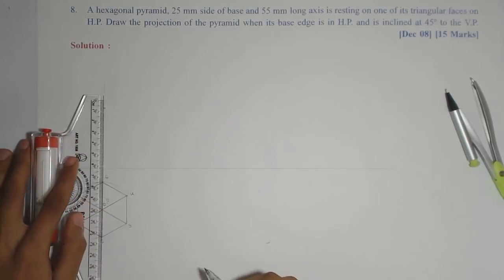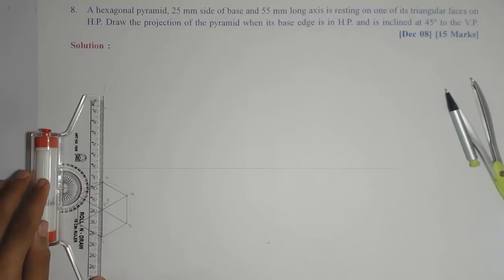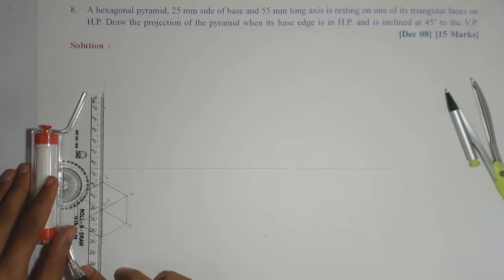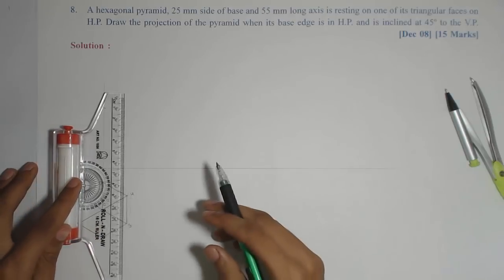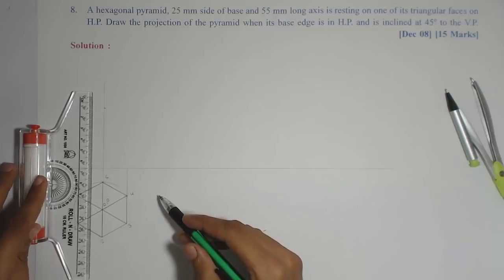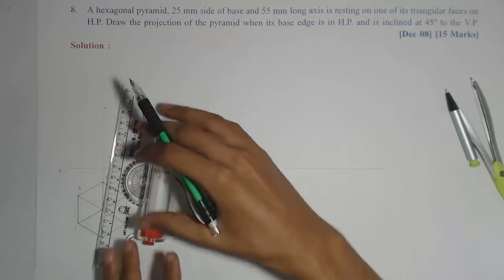Then we'll project from other corners up to xy line only. No need to project up to 55 mm, because we are getting a triangle as a front view, not as a rectangle. So we can produce other corners up to xy line only. Then 1 and 6.